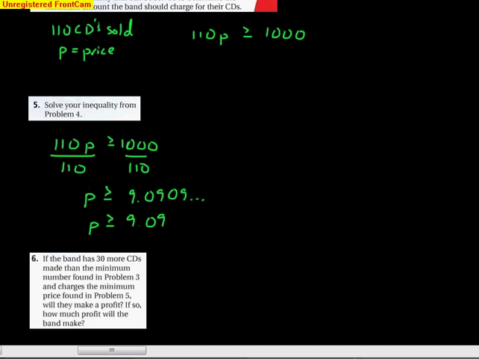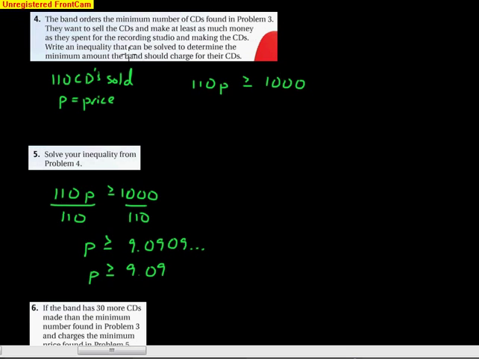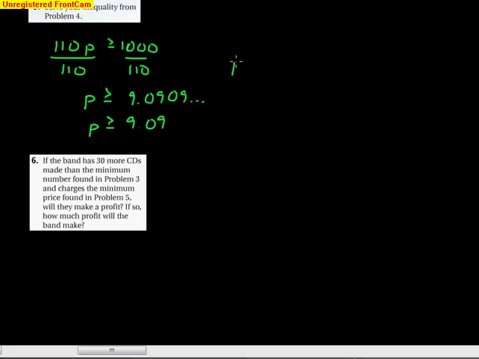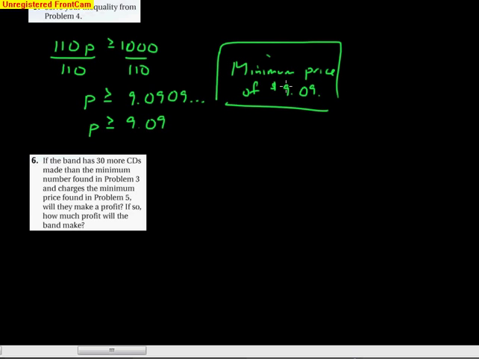So the question was, write an inequality that can be solved to determine the minimum amount the band should charge for the CD. So the minimum price of $9.09. That's kind of a random price, right? But that's the minimum. You could always charge more.